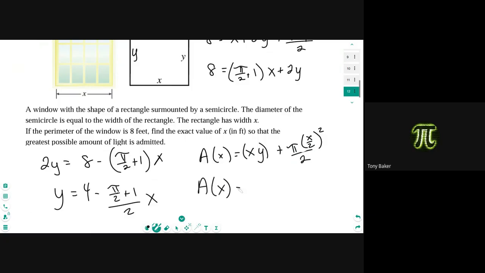So A of x equals x times 4 minus this whole big huge mess here that I probably should just get into the decimal right now. Since it's a real life problem, I can do that. Because I'm tired of writing it out.